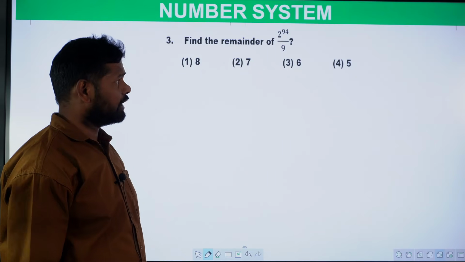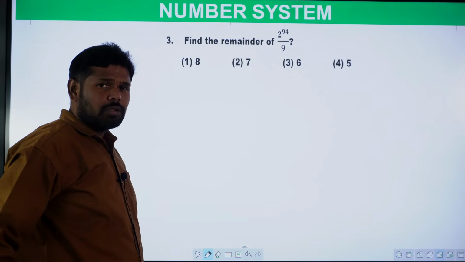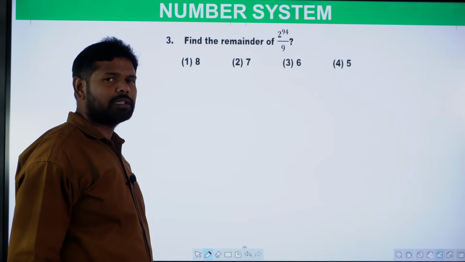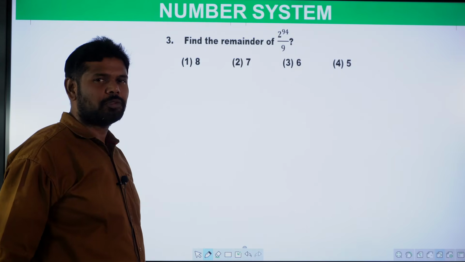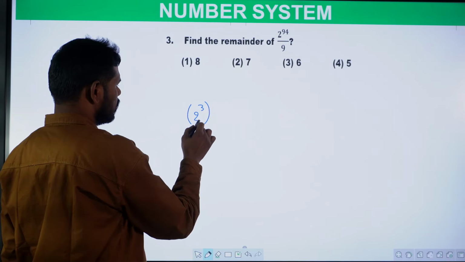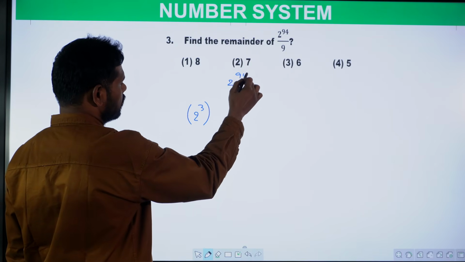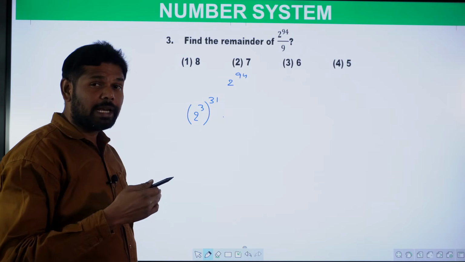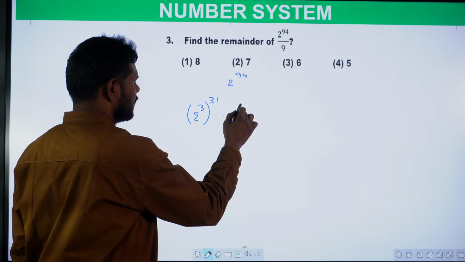2 power 94 is divided by 9. What is the remainder? 2 powers are not possible to calculate directly, so we check the 2 powers and 9 multiples, which is the nearest one. 2 cube is 8, nearest to 9. So I convert the power into 2 cube. 2 power 94: 3 times 31 is 93, but one more 2 is remaining, which I write separately.